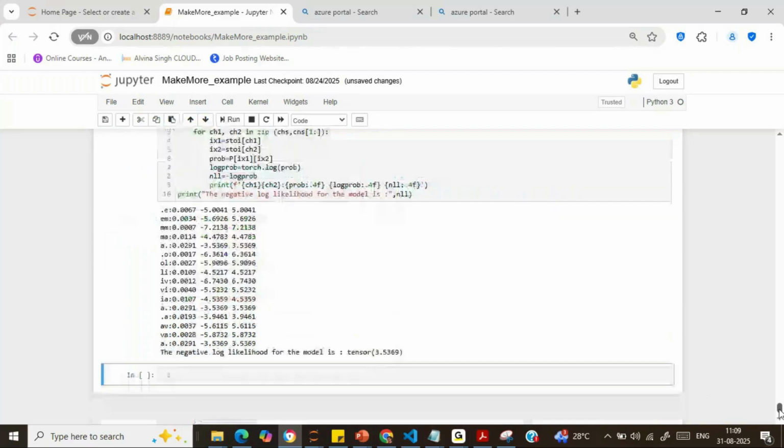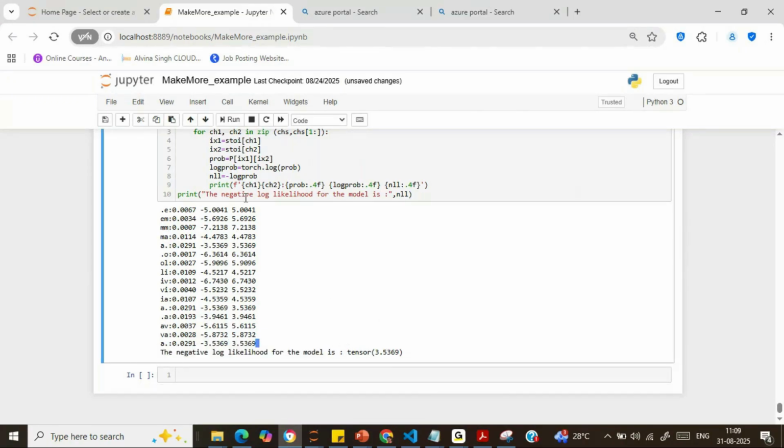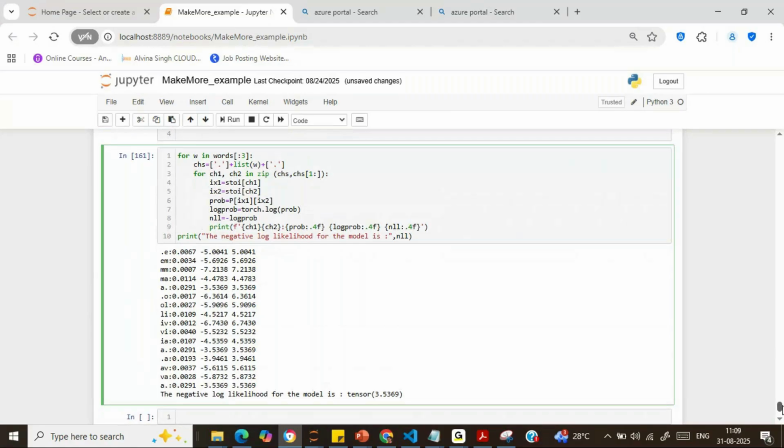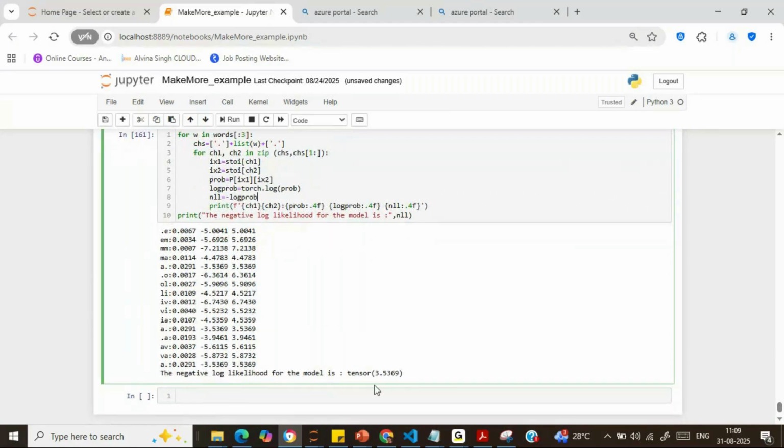Okay, so what we are able to see over here is that for these three words what we have given, the value of the model is, say, 3%.